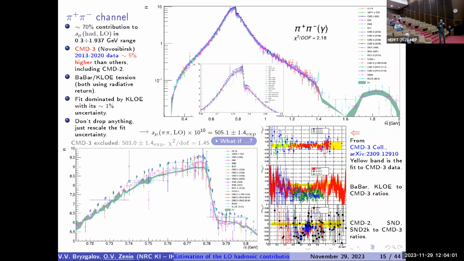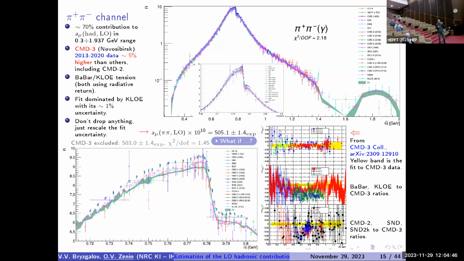I already mentioned that the situation with cross-section measurements somewhat changed this year when the CMD3 collaboration published their measurement of the pi plus pi minus cross-section, which is shown here, which is systematically higher than the others. Locally, in the rho peak region from 600 to 800 MeV, the statistical tension between the CMD3 result and earlier measurements is at the level of several sigmas.